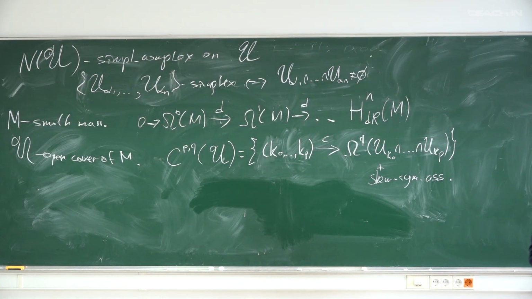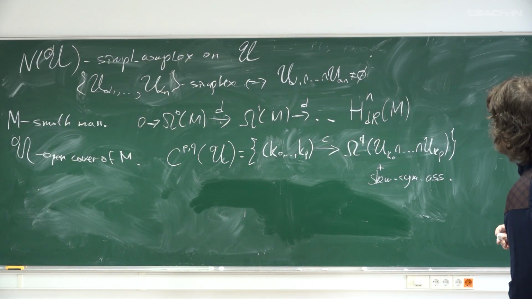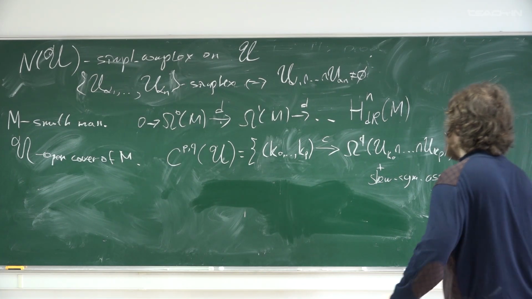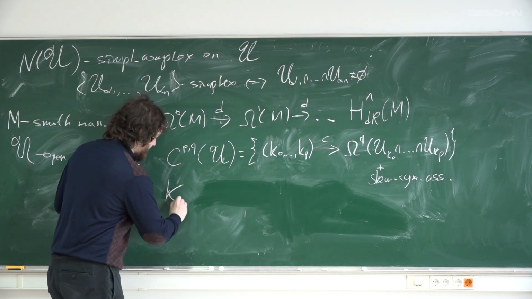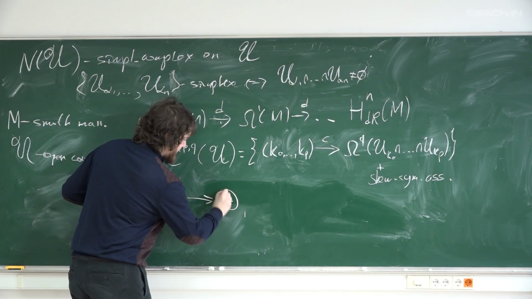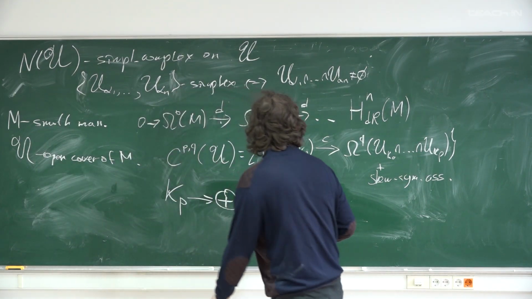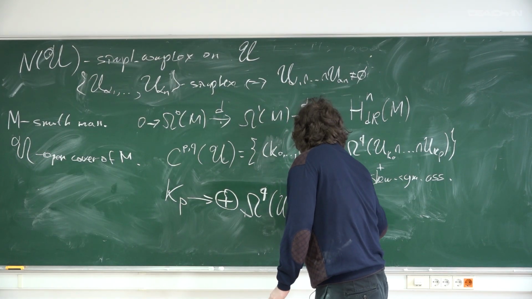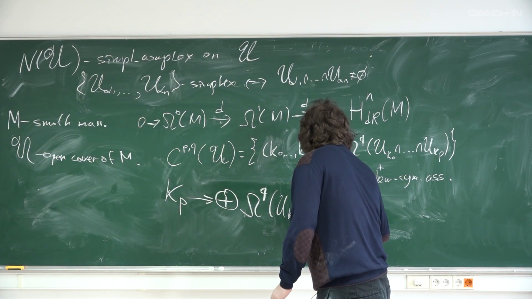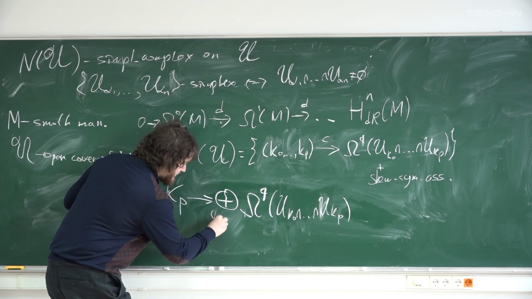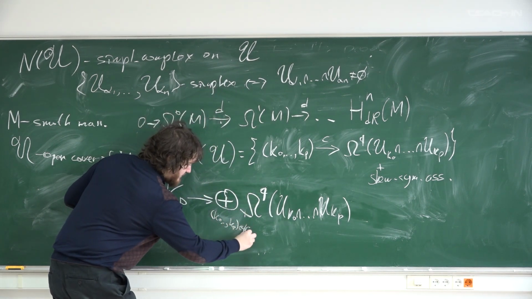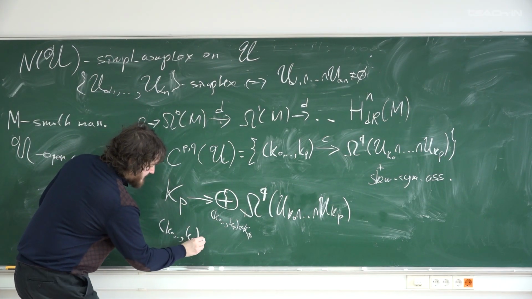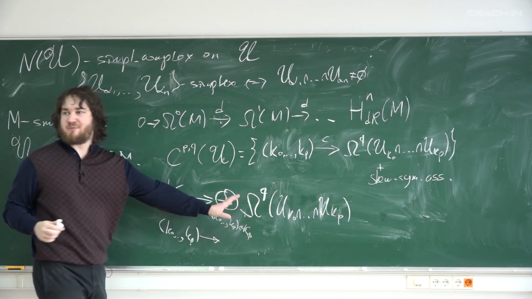I still don't understand. What is the direct formula? So this is a map from where to where? Formally speaking, it's something like this: from simplices to the direct sum of q-differential forms on intersections over all simplices, such that an element on some simplex takes values in the corresponding direct summand only.